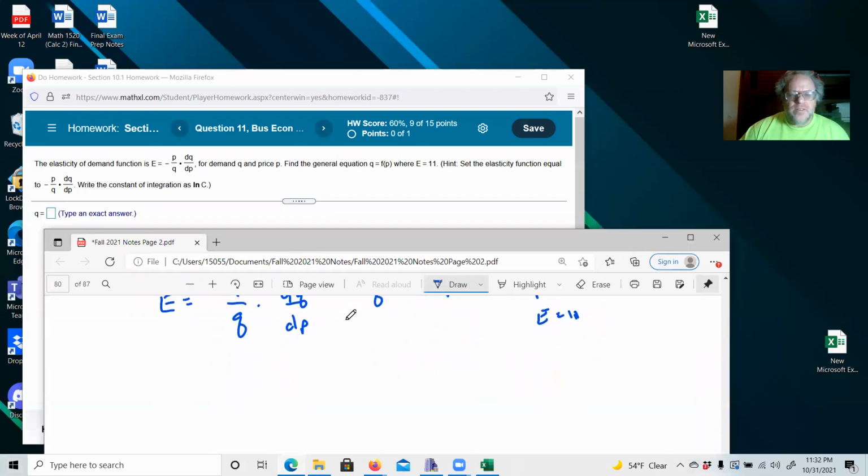So since E is equal to negative P over Q times dQ over dP, we're going to separate these out. We're going to say something like E times P, that's a constant, or at least we're going to treat it as one, is equal to 1 over Q dQ.